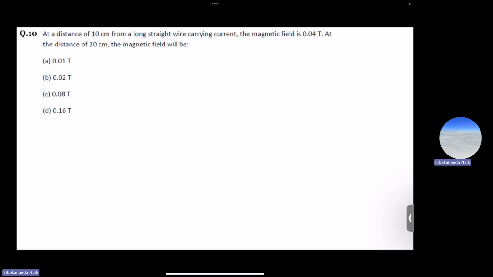For a particular case, when d is 10 centimeter, the magnetic field is 0.04 Tesla.